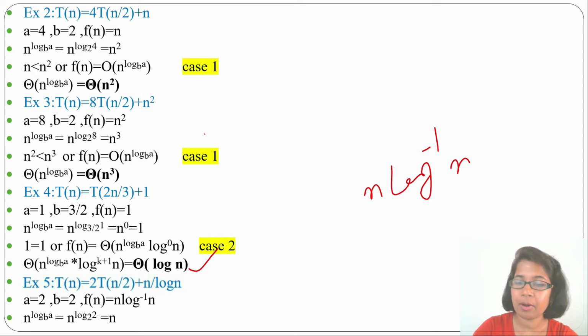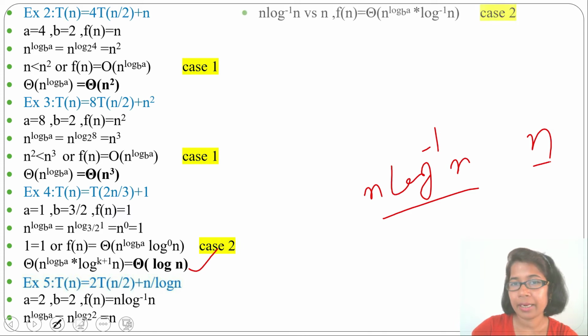We found n power log a base b as n. So from these two, which one is higher or lower, or are both equal? We can write f(n) equals theta of n power log a base b multiplied by log power minus 1 n. So n power log a base b, which we found as n, multiplied by log power minus 1 n, equals our f(n). What is f(n)?